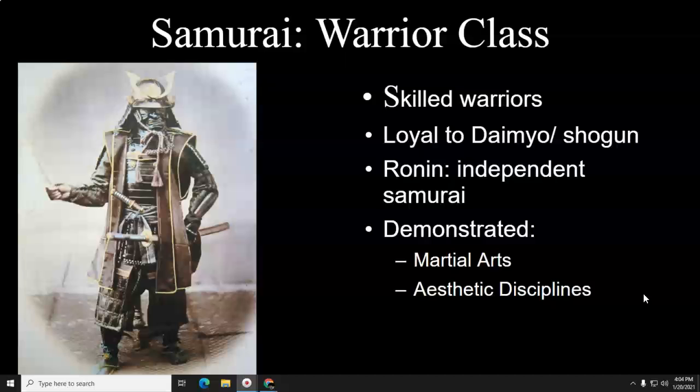We'll talk more in depth about that tomorrow when we talk about the way of the samurai. Samurai were more than just the ability to use a sword. They also had to be smart and skilled in things other than just fighting.